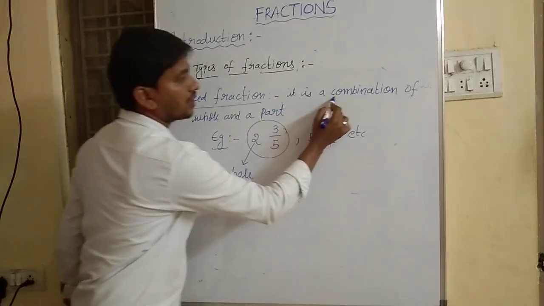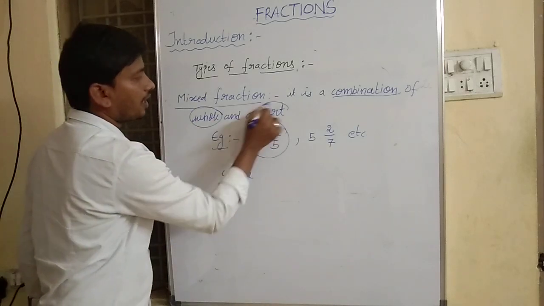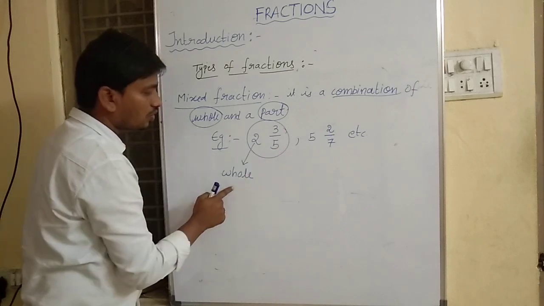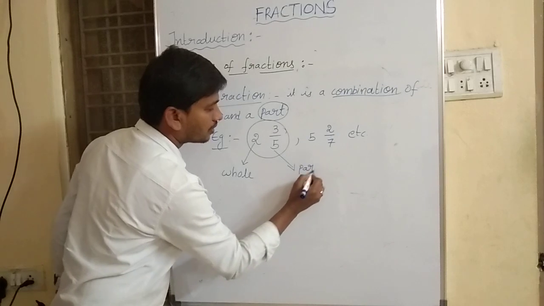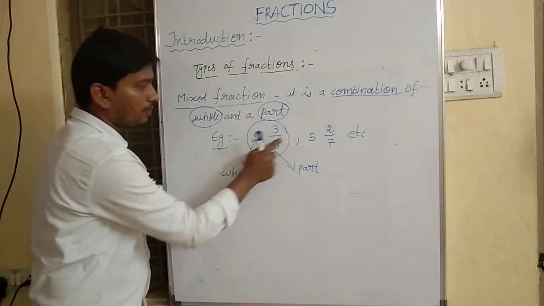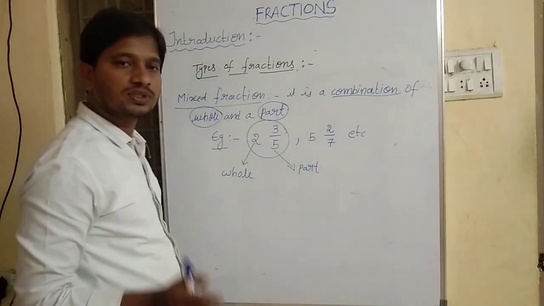It is a combination of a whole and a part. In 2 3 by 5, 2 is called the whole and this 3 by 5 is called a part. Understood, students?